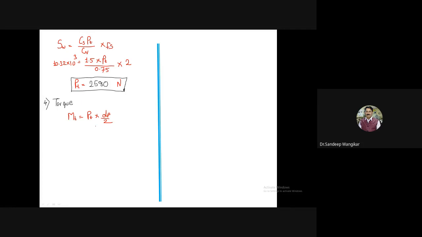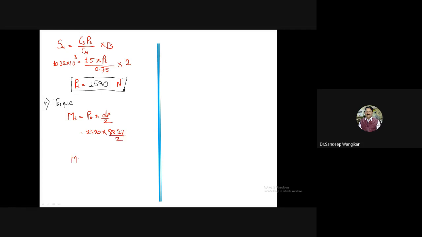So I substitute the values: PT 2580 into 88.27 divided by 2.